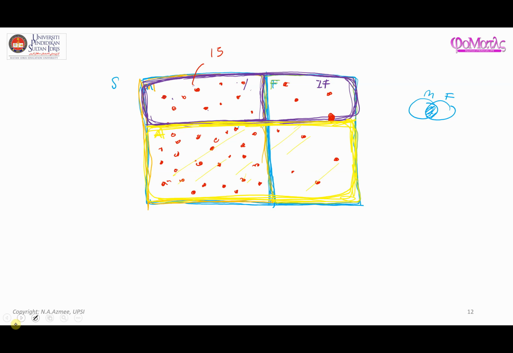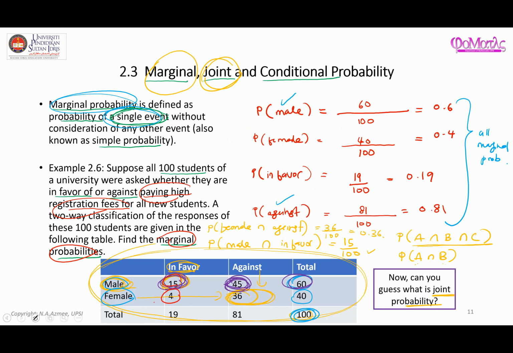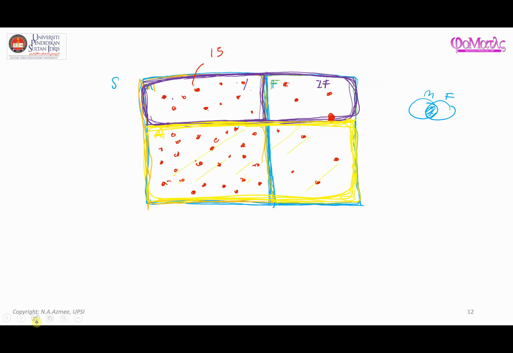Based on the numbers, for against you've got about 45 here and about 36 here, so the number of red dots is about 45 and about 36. So that's how you can visualize the problem given in the previous slide in terms of a Venn diagram.